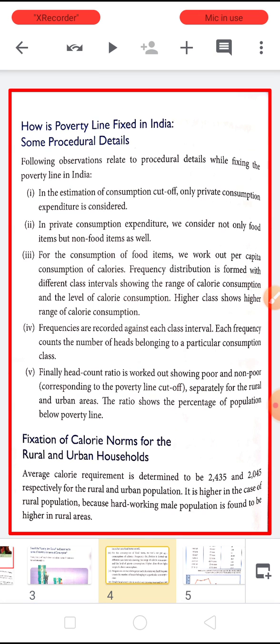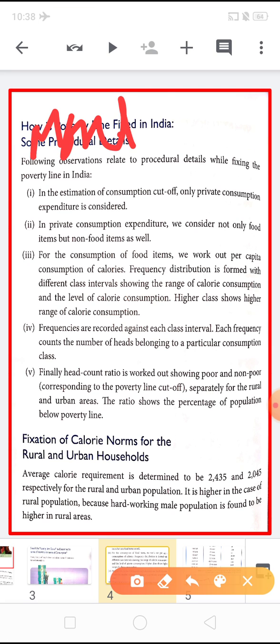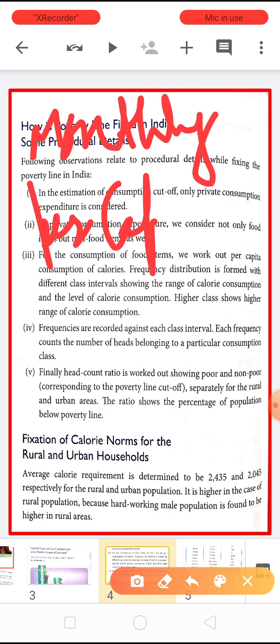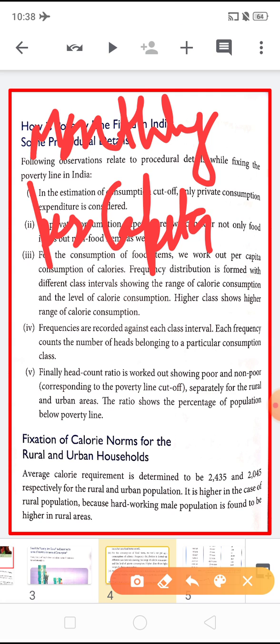Now, the question arises, how is the poverty line fixed in India? Children, the determination of the poverty line in India uses the monthly per capita expenditure.